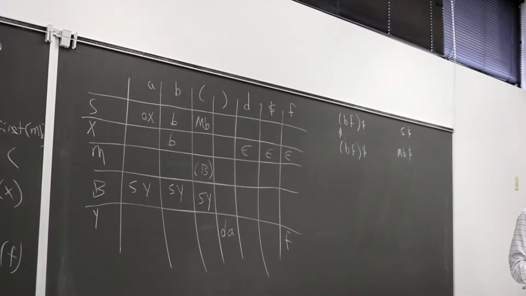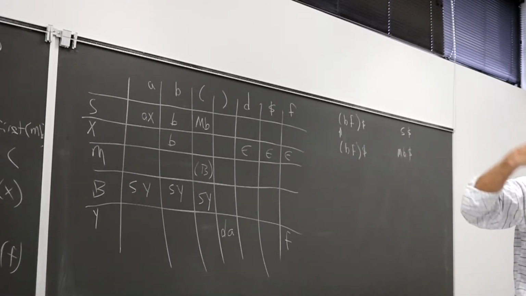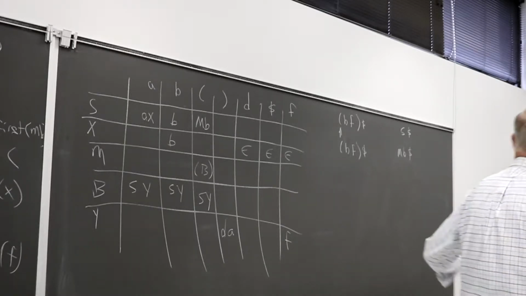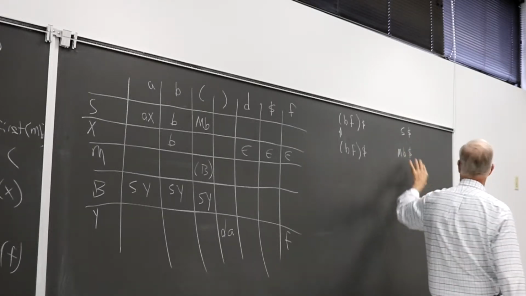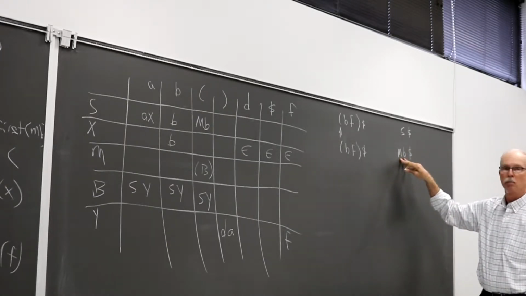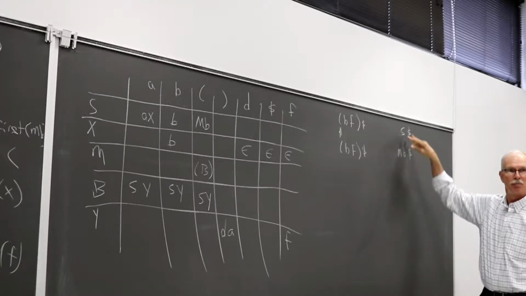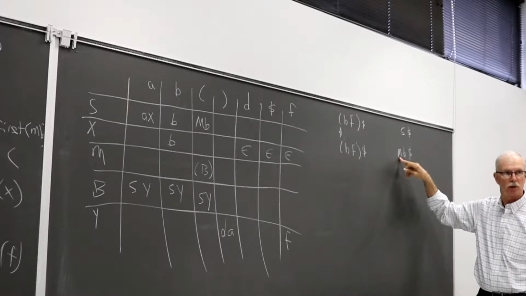Now you have to be a little bit careful. In a couple of weeks, we're going to do stuff that's going to look almost the same, and I'm going to write the stack different. I write my operations on the right, and I replace the S by its right-hand side. By writing the stack over here, it puts the leftmost symbol of the rule on the top of the stack.